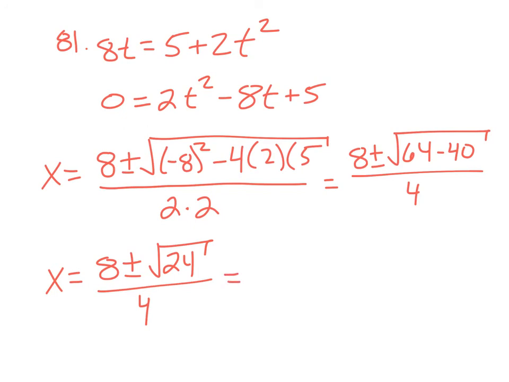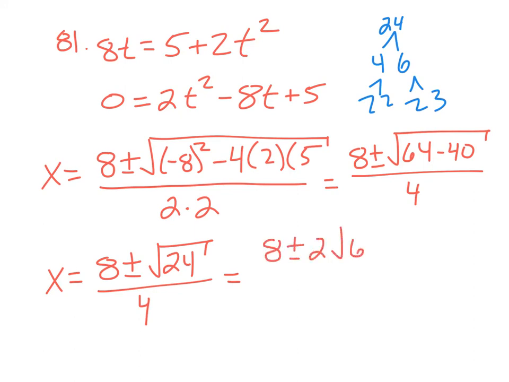So, what should you do with that 24? Factor tree, good. So what does that simplify to be? 2 and 6. So then we have 2 and 6.